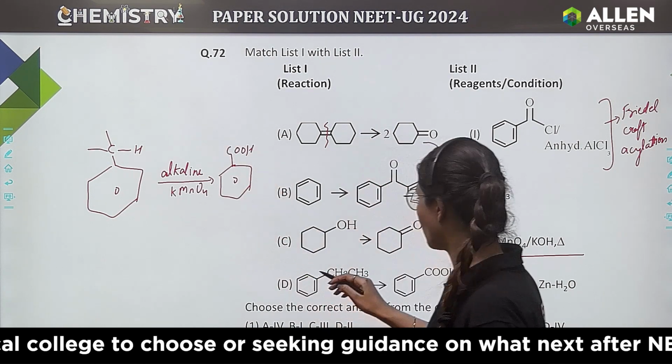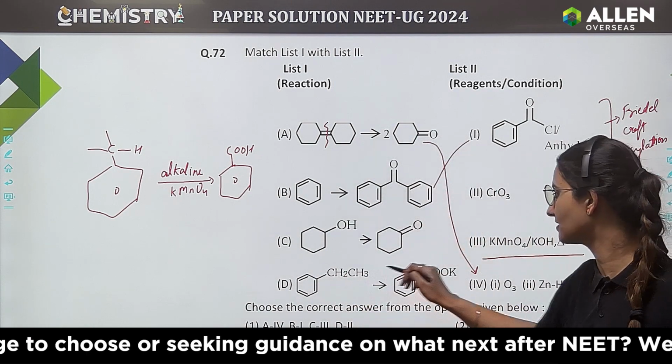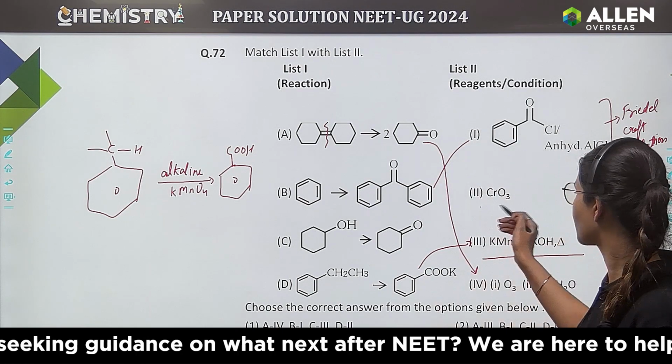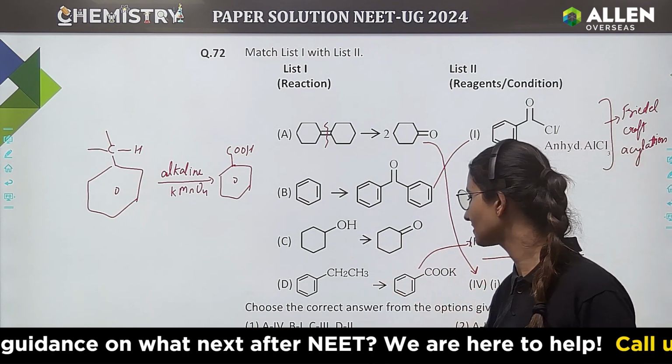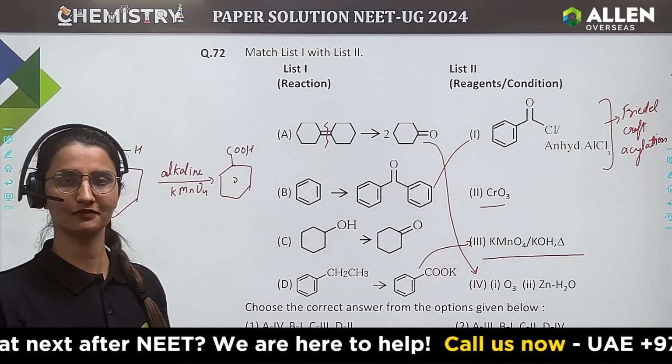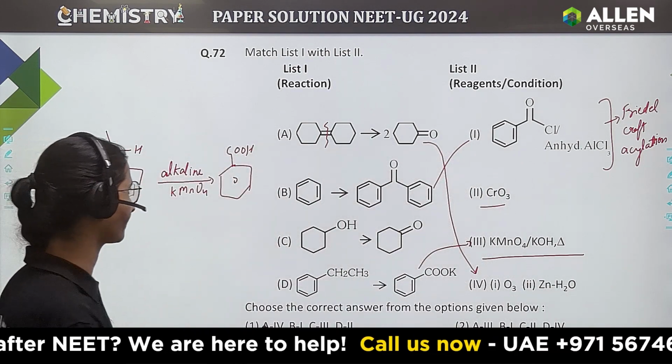So I am sure for D, this option is your 3. For D it is 3. Obviously one option left. So C option is second. It's option number 3rd. Correct? Okay, next.